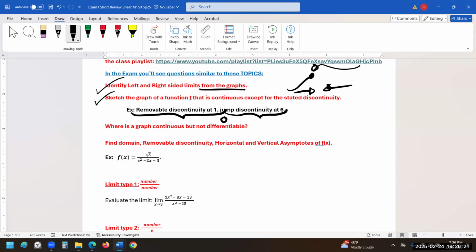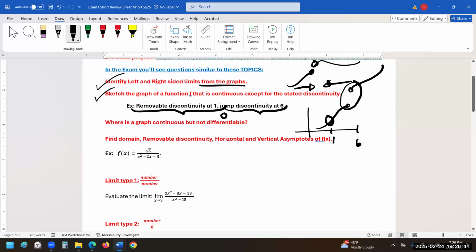So for example, maybe this is 1, so you have a hole there, and let's say this is 6, so something like this. At 6, you have a jump discontinuity. At 1, you have a hole in the graph. Your function could be anything.